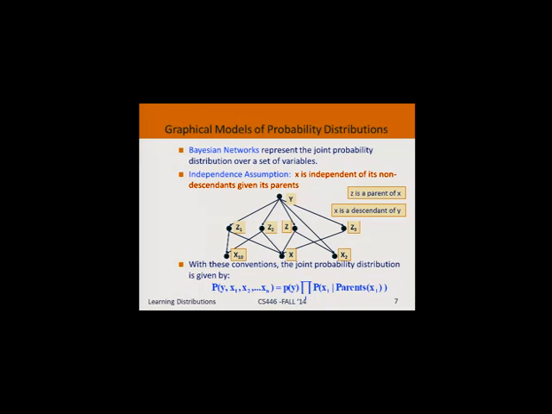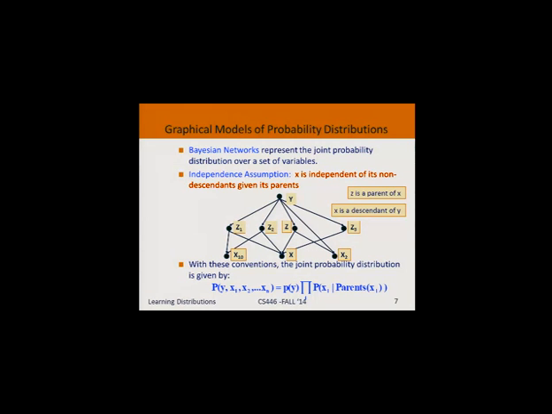If there is an edge from Z to X, I'm going to say that Z is a parent of X. If there is a path that leads from Y to X, I'm going to say that X is a descendant of Y. So it could be a child or grandchild or more. There is a directed path.